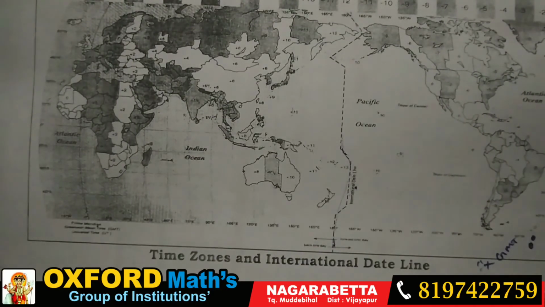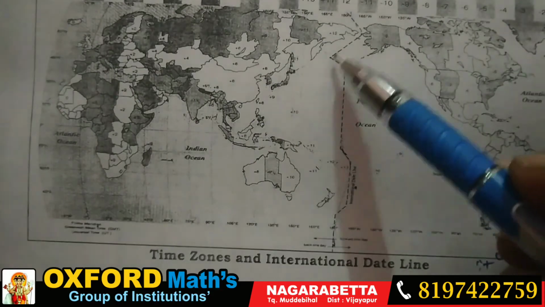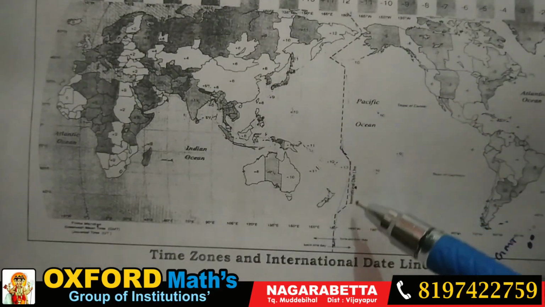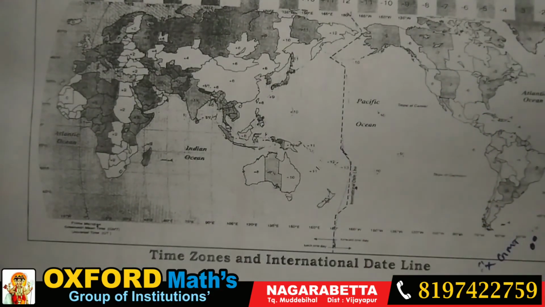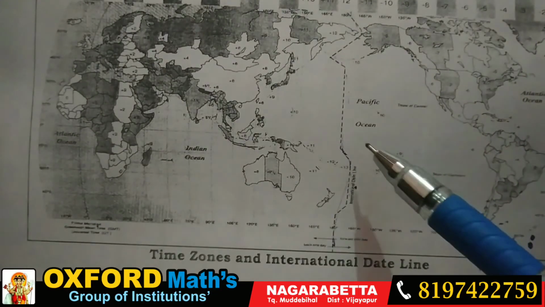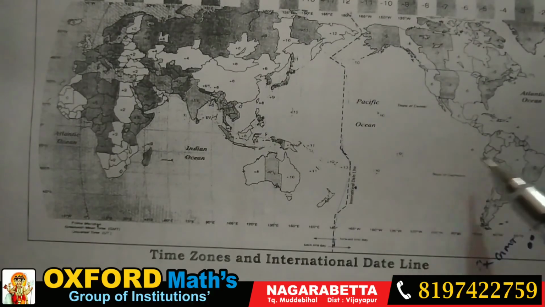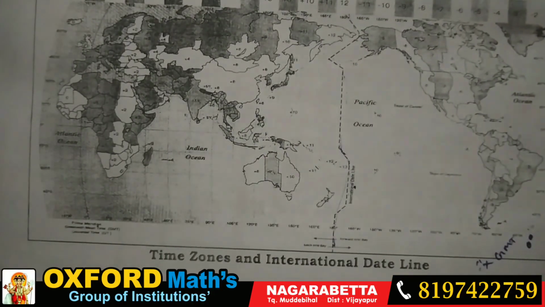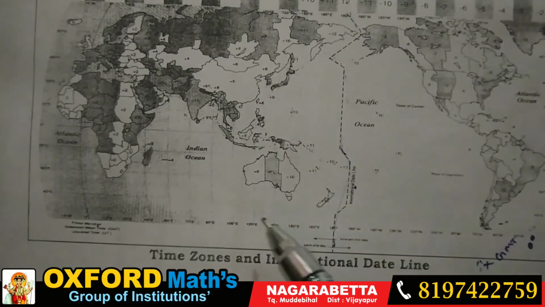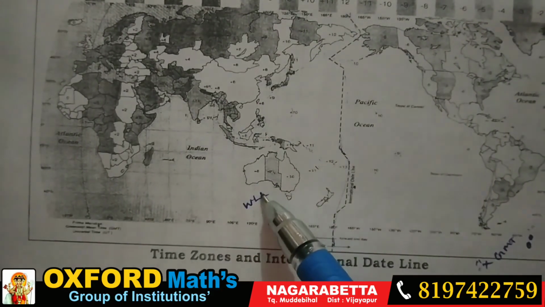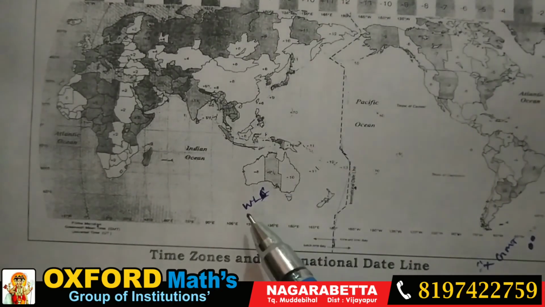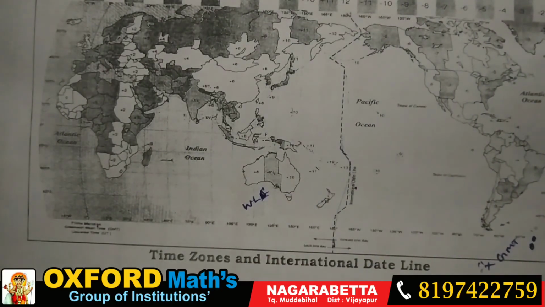This is known as the International Date Line, crossing through the Pacific Ocean. Whenever a ship moves east, it is east gain, and when you move towards west, it is west loss. West means subtraction, east gain means addition. Keep that in mind.